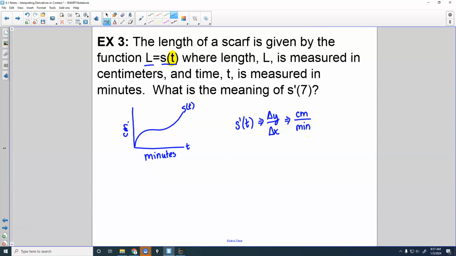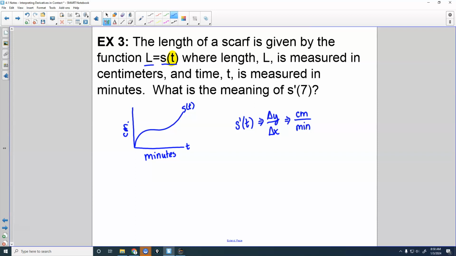Okay, so that helps us a lot whenever they ask us for what S prime of 7 means at this point. So first of all, if we're doing S prime of 7, that is an instantaneous rate of change. It is not an average rate of change. It is not how much you have knitted the first 7 minutes. It is at that moment, right?